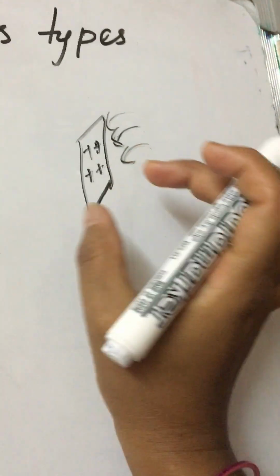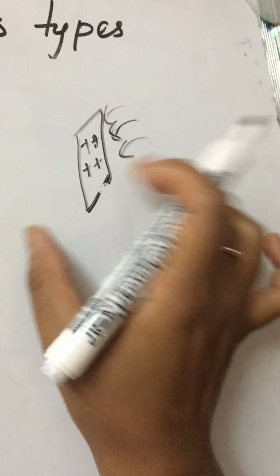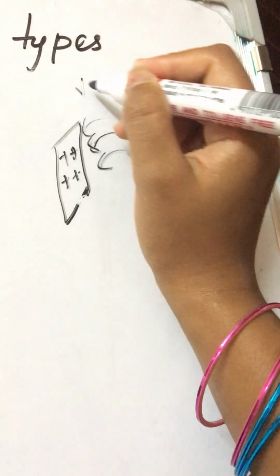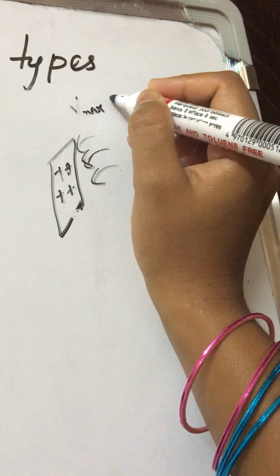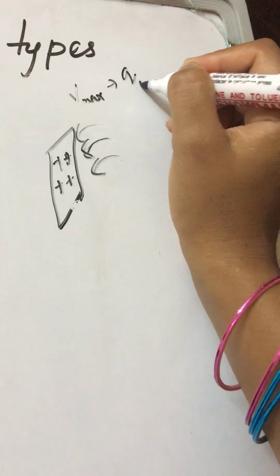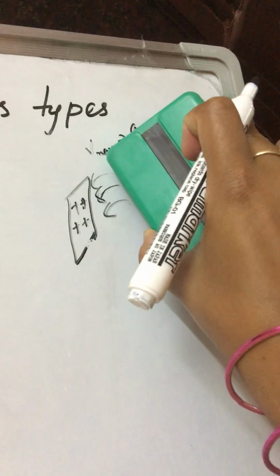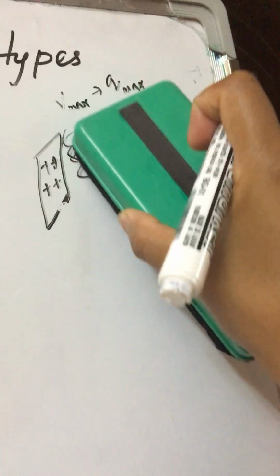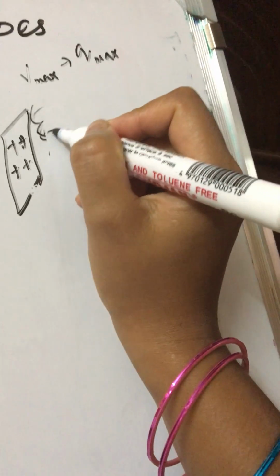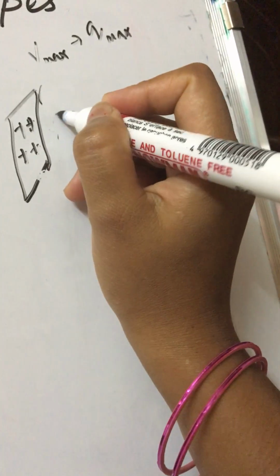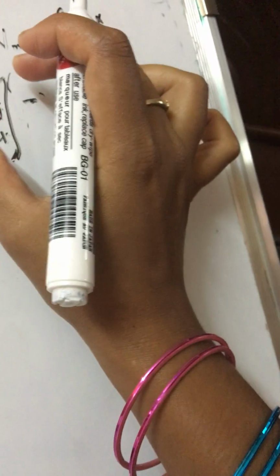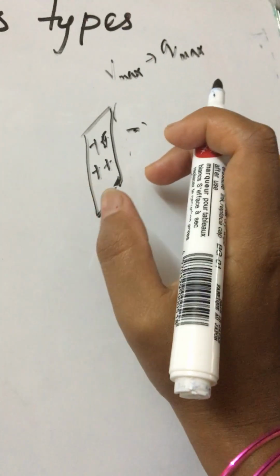So there comes a stage where it will not be able to bear any further charge. Yes or no? Its potential gets maximum, and as its potential gets maximum, it cannot bear further charge, right? Potential is the work done in bringing the charge. But if you keep a negative near to it, then the overall charge of the system will get somehow reduced, isn't it?